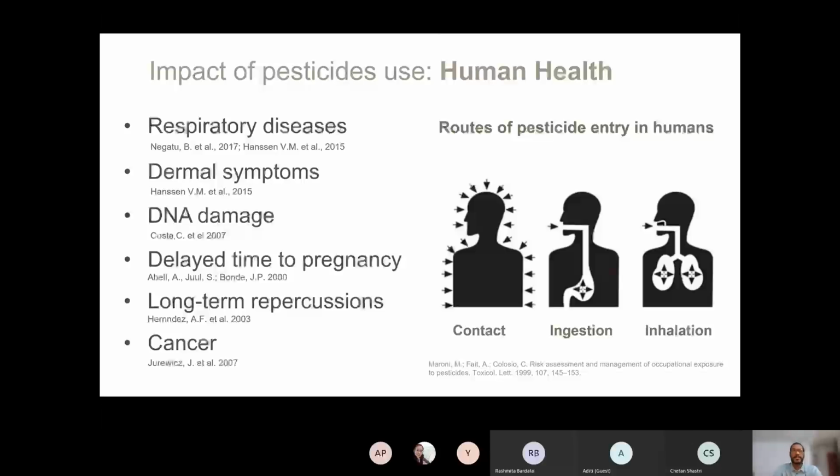The use of pesticides in today's world is a necessary evil, and it's mandatory also because the use of pesticides ensures food safety, which is very important for human existence.